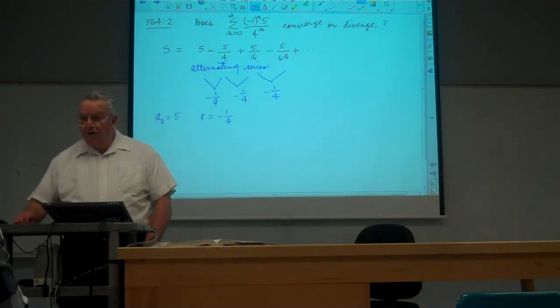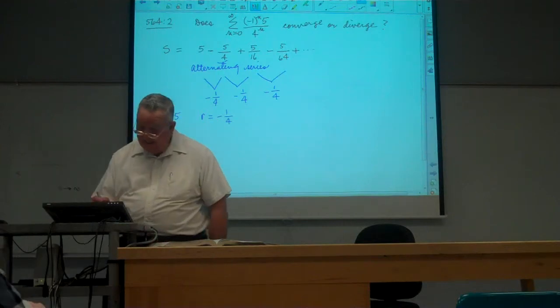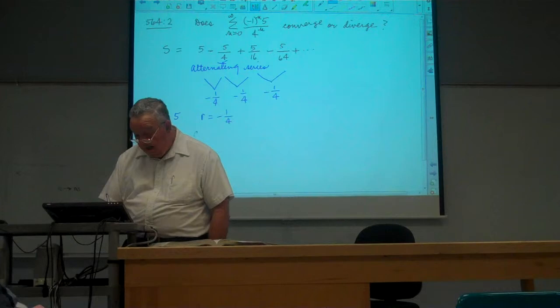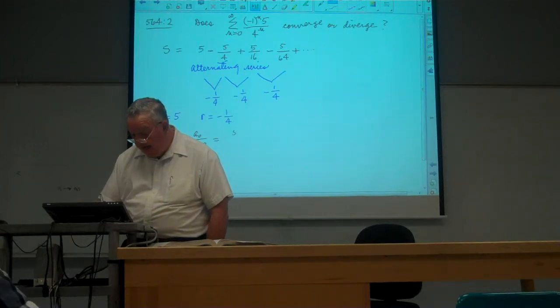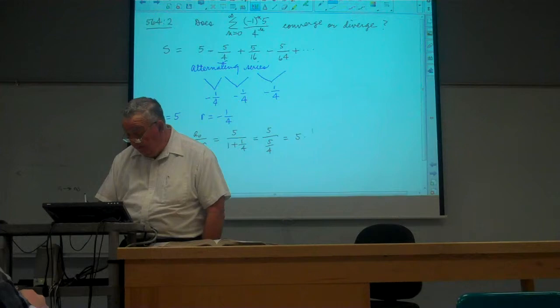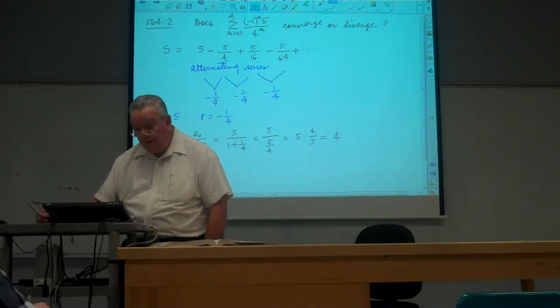Now you know exactly what to do, don't you? And that is the sum is equal to A naught over 1 minus R, which is 5 over 1 plus 1/4, which is 5 divided by 5/4, which is 5 times 4/5, which is 4.